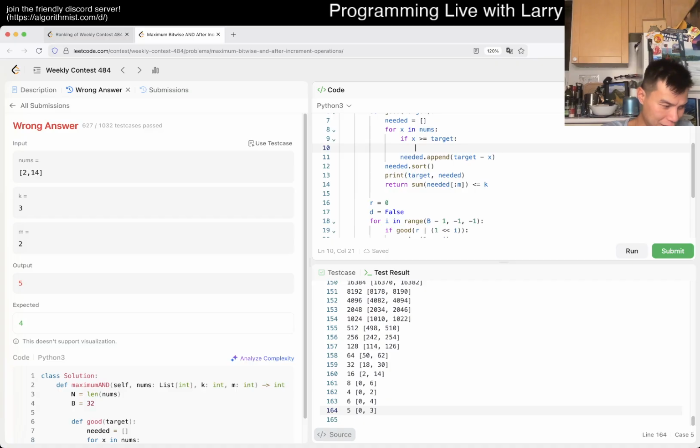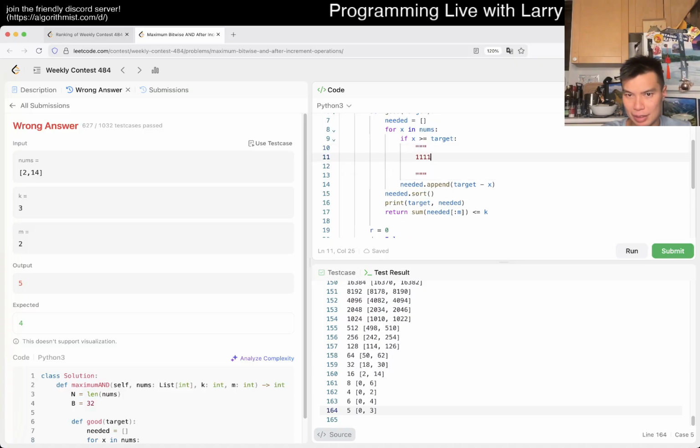Do I do a DP? Do I need a DP? Because I'm thinking of something like if I have this number, then I just need... well, even if I just need this number, I need to increment by 1 so that it is a superset of this.